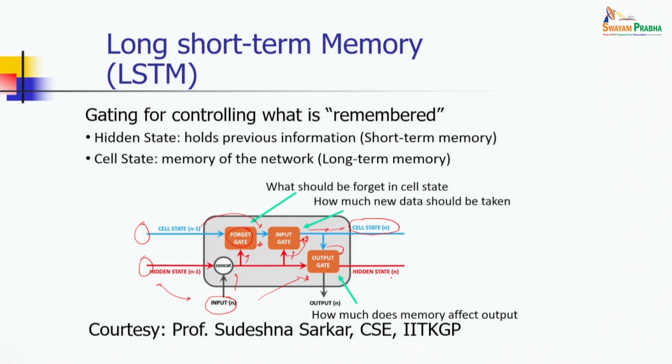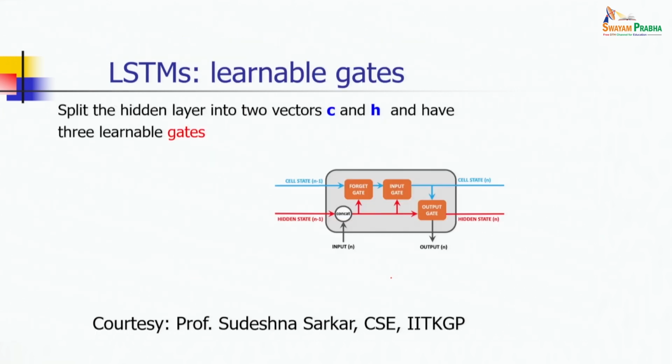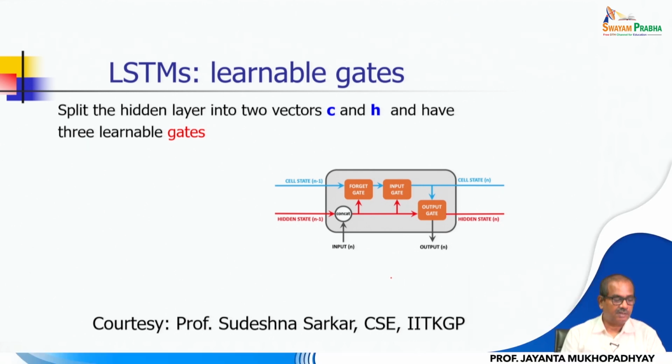So how much new data should be taken in, and the memory cells capture long-range dependencies. Let me provide the mathematical relationships that would make the concept very precise and clear.